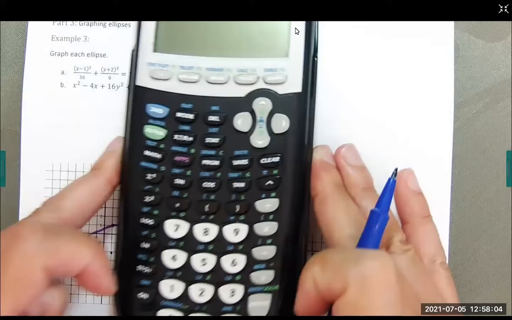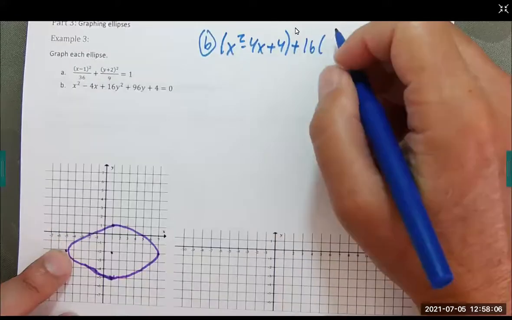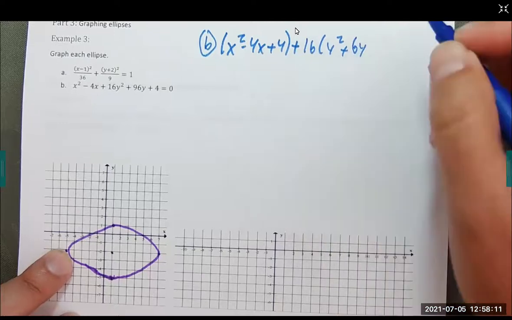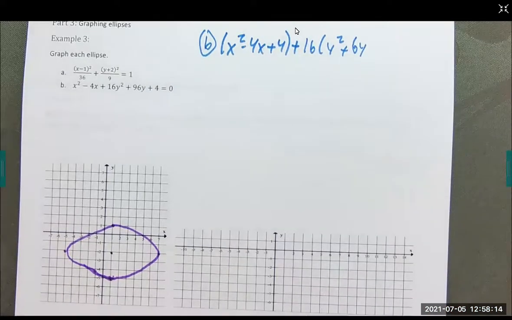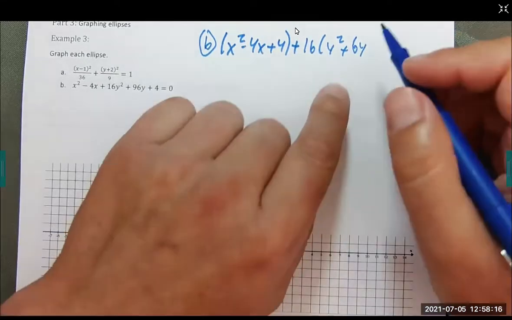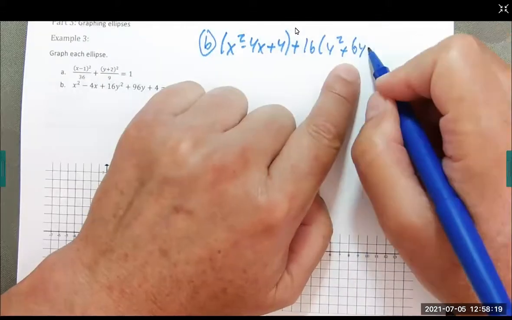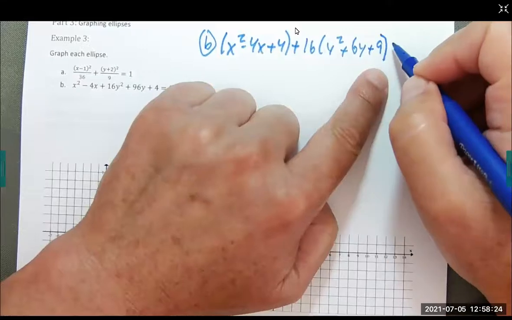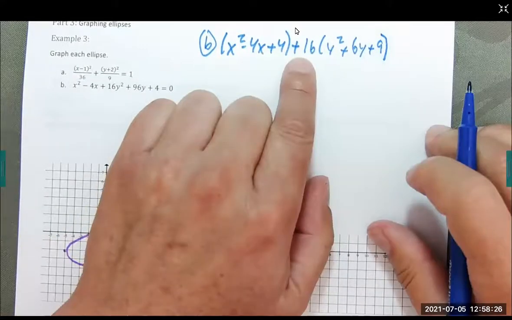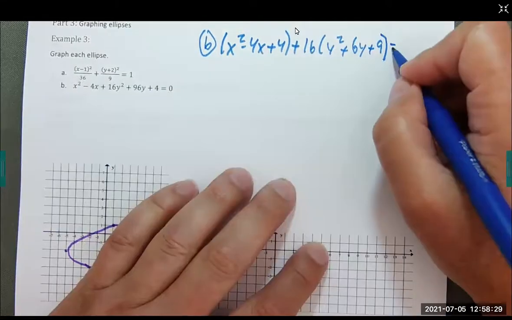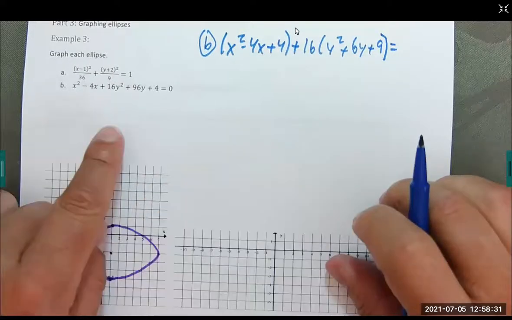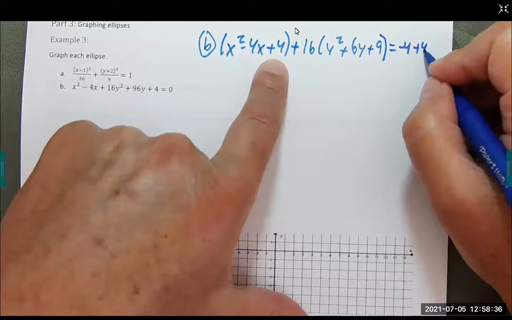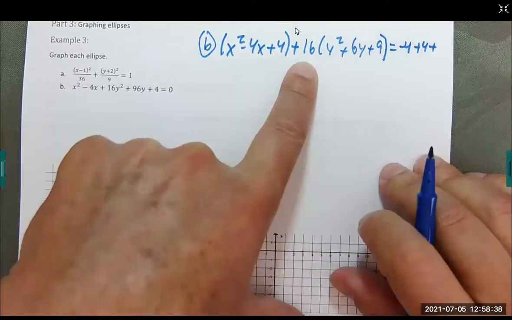So this gives us 16 on the outside, y squared plus 6y. Now, when I complete the square, I have to be really careful here. Take the 6, cut it in half, squared, that's 9, so +9. I didn't actually add 9 there. What I added was 16 times 9. So I'm going to move that 4 over, so that's a -4 plus 4 plus, and 16 times 9 is 144.